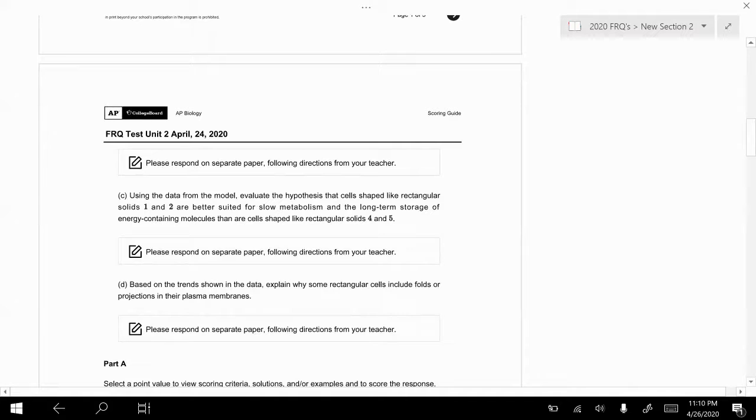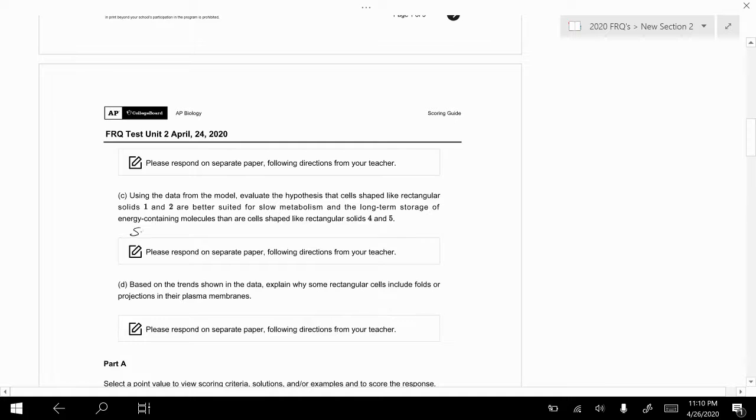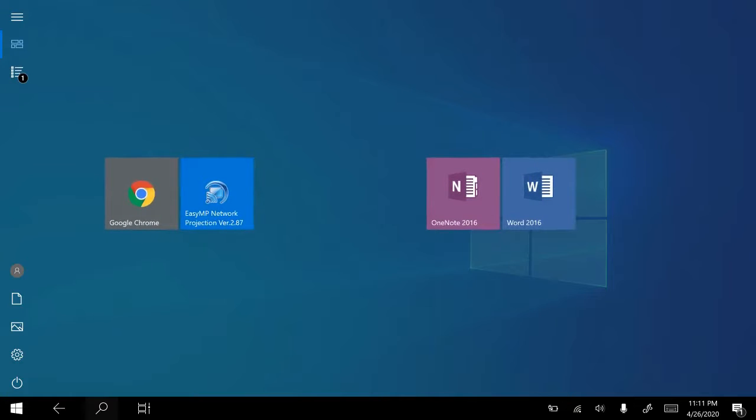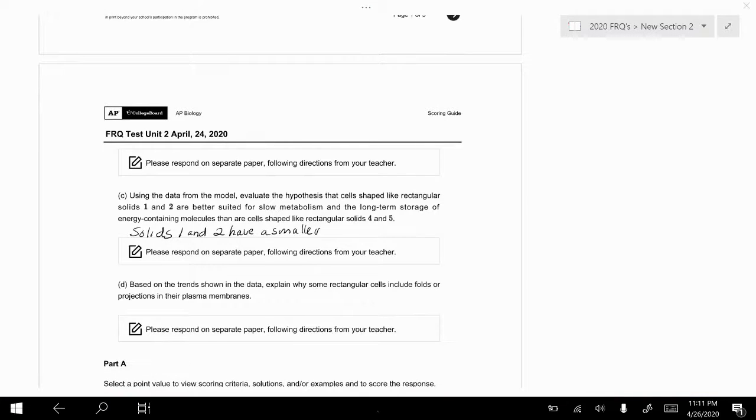So I am going to go ahead and write that solids 1 and 2 have a smaller surface area to volume ratio than solids 4 and 5.